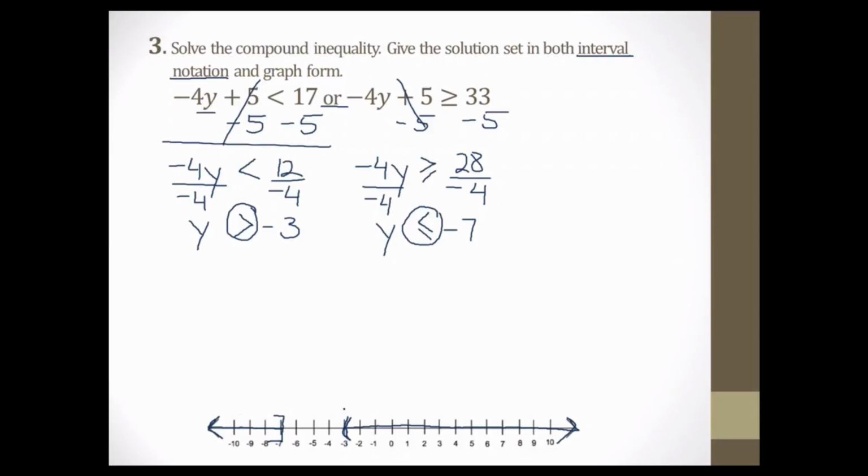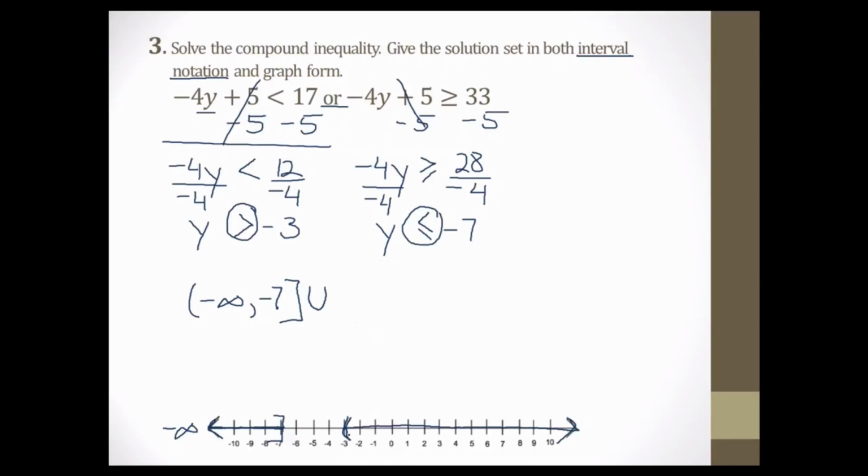So now I have my graph, and now I can write it in interval notation by reading my graph from the left. So starting here, the shading starts at -infinity, and infinity signs, no matter if negative or positive, always get parentheses. So starting at -infinity, and then the shading stops at -7, and like I already indicated, we need a bracket, but because it says OR, we have a union, so it could be either or, both of these shadings.